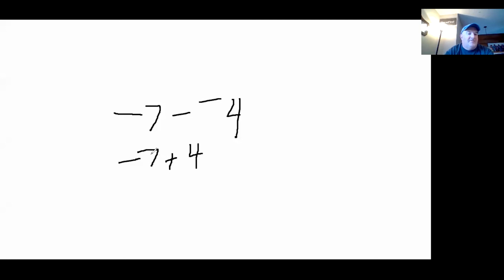We know that negative 7 is farther from 0 than 4 is from 0, so it's going to be negative. So we're going to go 7 minus 4 equals 3. So it's going to be negative 3. Okay?